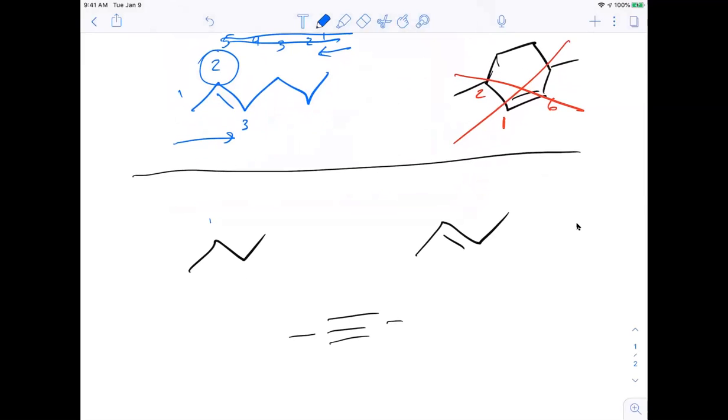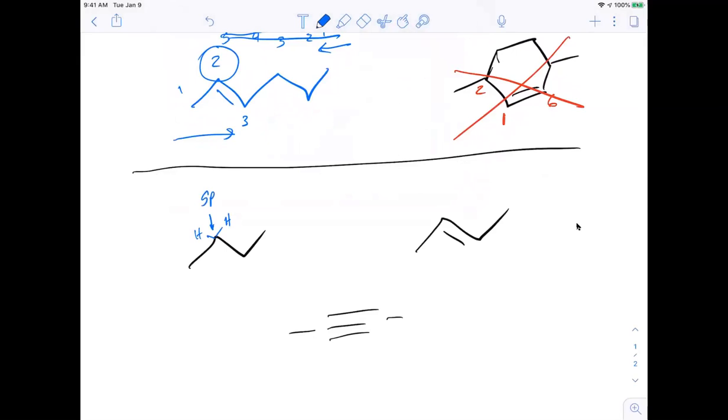If we look at that carbon right there, that carbon has 2 hydrogens that aren't shown. What's the hybridization of that carbon? How many direct bonds does it have to another atom or a lone pair? 4. Since it has 4, that's sp3.